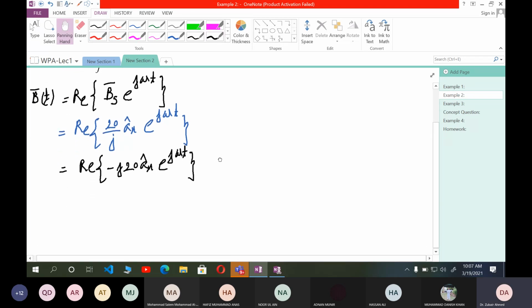Next, we can write this minus j as 20 ax unit vector. This minus j can be written as exponential of what?